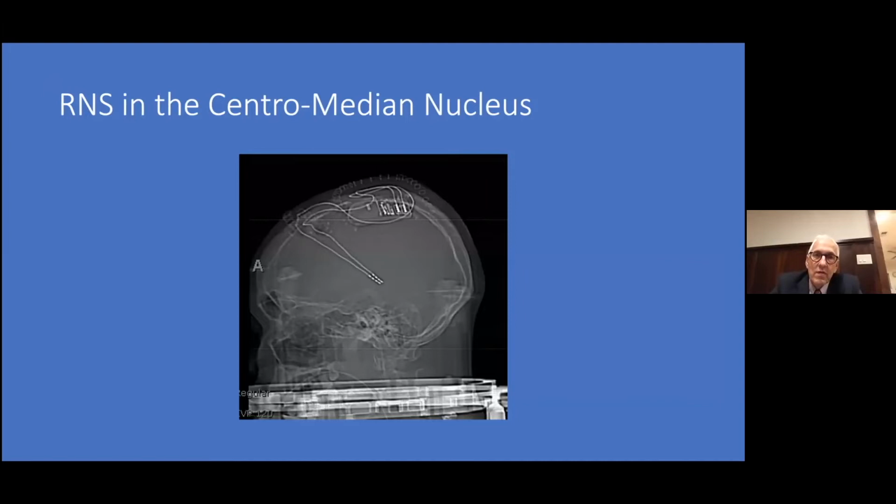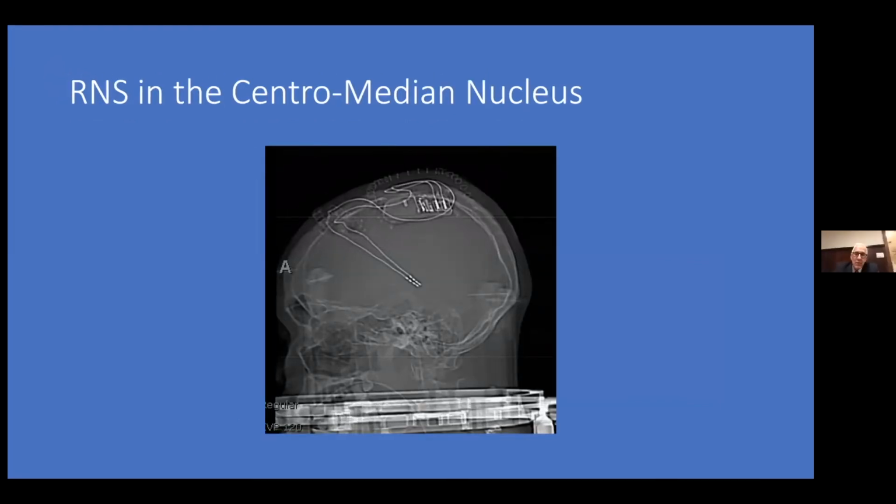This is the RNS, which stands for responsive neurostimulation. And that means that we implant electrodes in the central median nucleus, which is a different part of the brain. And we connect it to an impulse generator, which also has a chip in there and allows us to record the EEG.